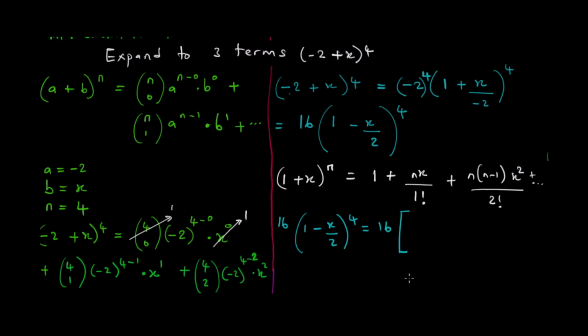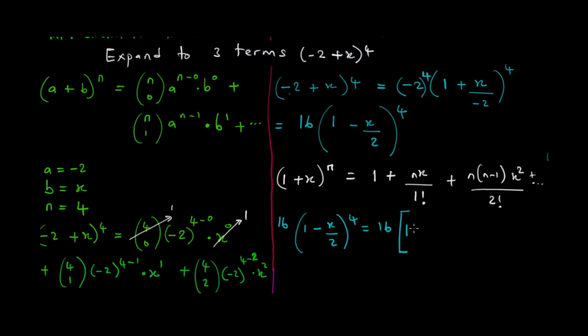Remember our question wants the first 3 terms. So when we want to expand this part in the bracket, 1 minus x over 2 to the power 4, because 16 we have already brought out by factoring out. Remember the first term here is 1, because my terms are separated by plus or minus, which are arithmetic operators.